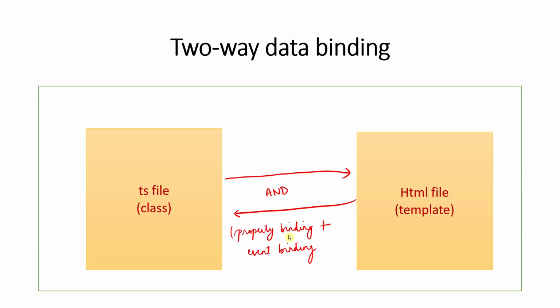Property binding, what it does, it sends the data from class to template. And event binding sends the data from template to class. That's why it is called combination of property binding and event binding.